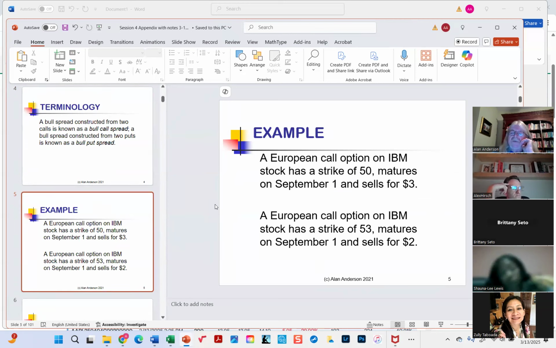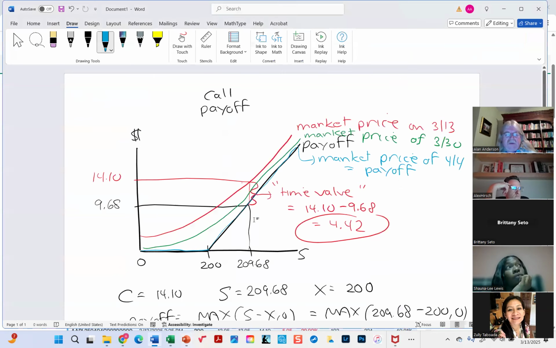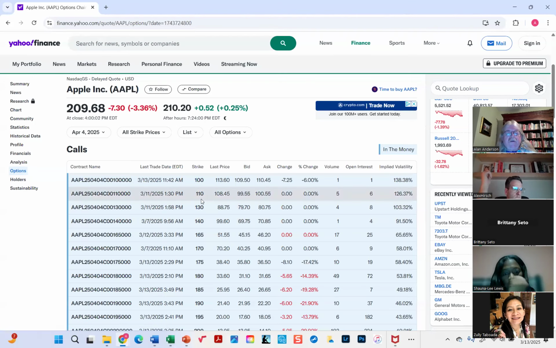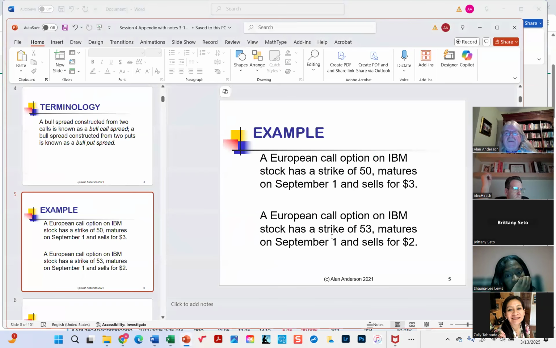It sells for $3. Keep in mind, with a call, as the strike goes up, the premium or price of the option goes down. So here we're assuming that the 53 strike call on IBM, maturing on the same date, sells for only $2.